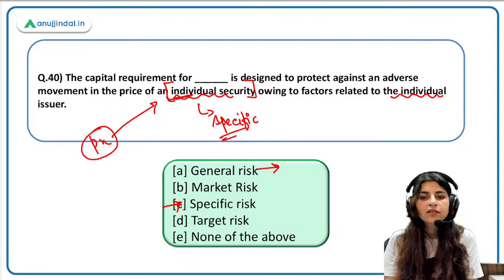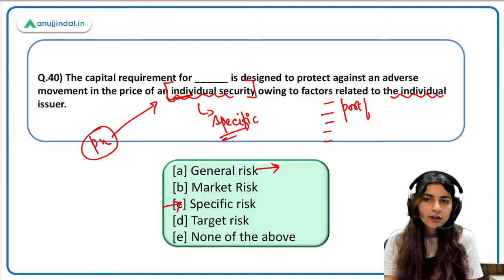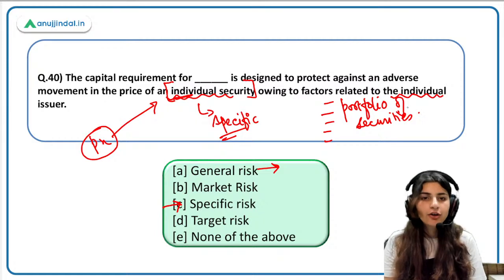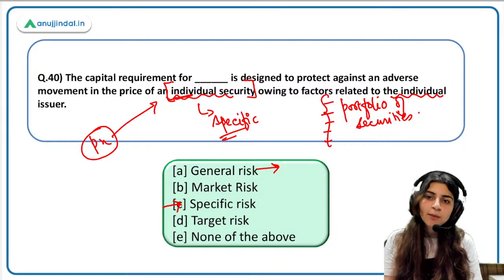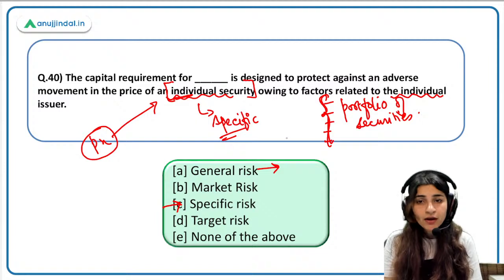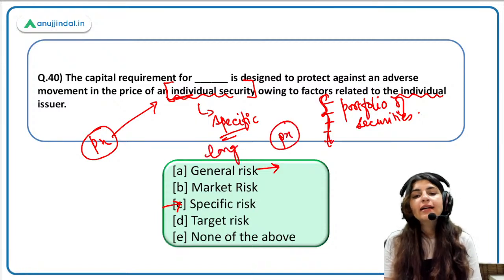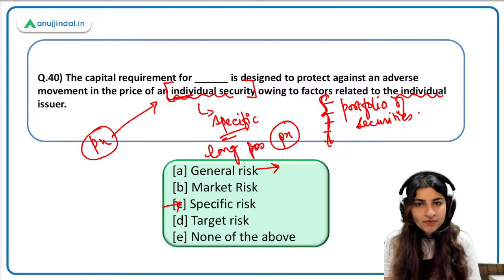Now, general risk में क्या होता है? So, the entire portfolio of securities of a bank or any financial institution is mapped. Any price change in that, किस पोर्टफोलियो में या किन सिक्योरिटीज में लॉन्ग पोजीशन है, कहाँ पे शॉर्ट पोजीशन है, इसको ऑफसेट करा जाता है.